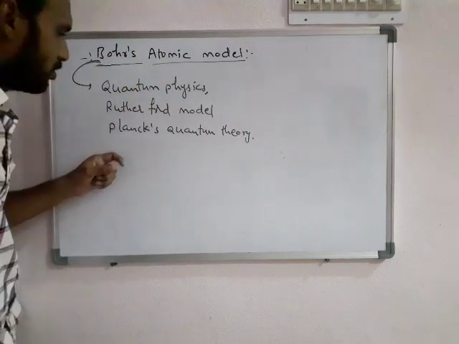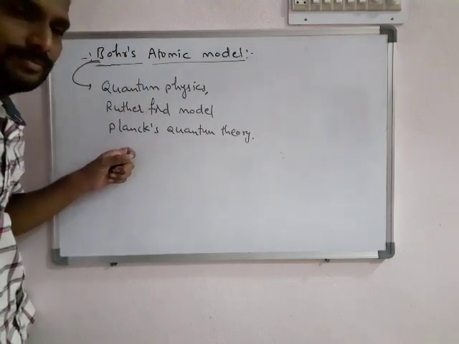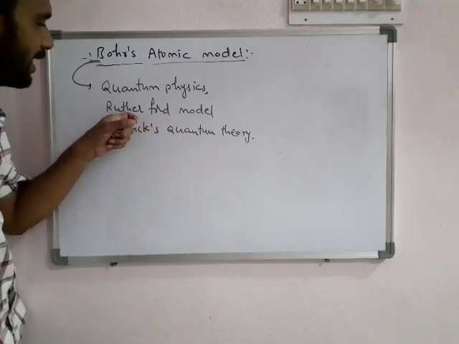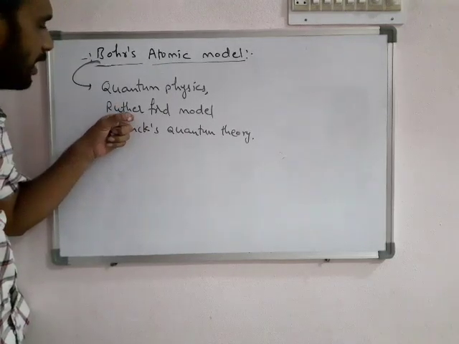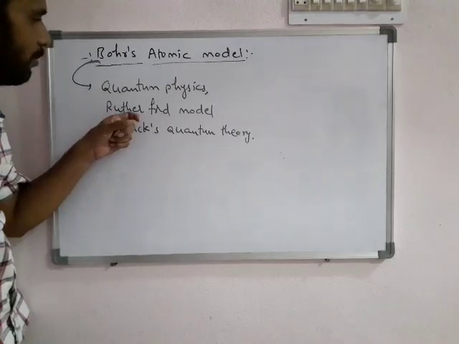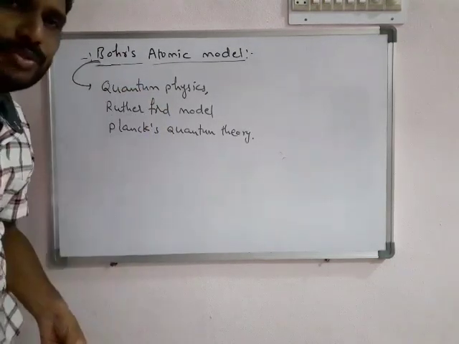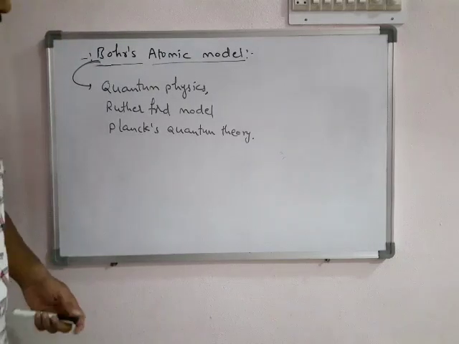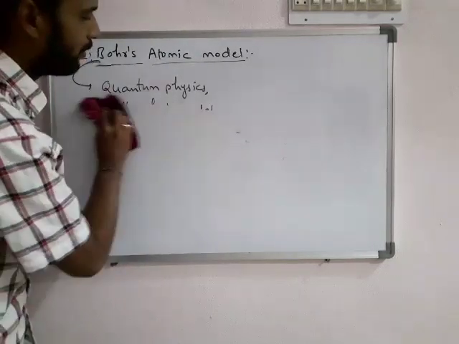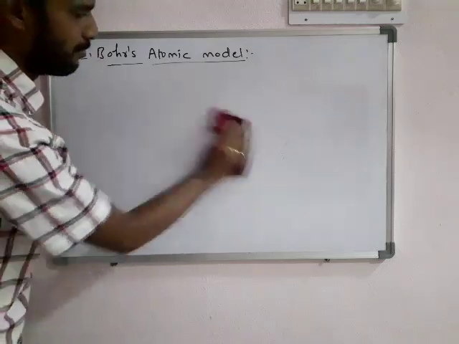Bohr's atomic model is based on Planck's quantum theory. Some assumptions were taken directly from the Rutherford atomic model, and by studying quantum physics, he was able to give his new atomic model. Okay, so now we see the main points in Bohr's atomic model.